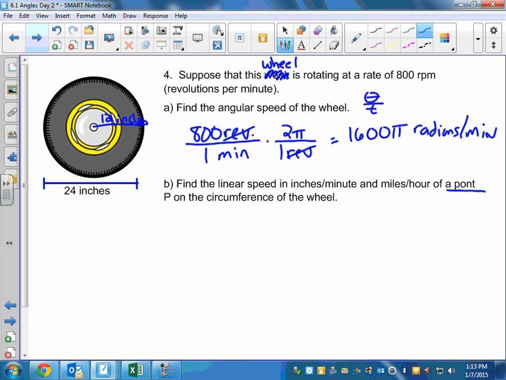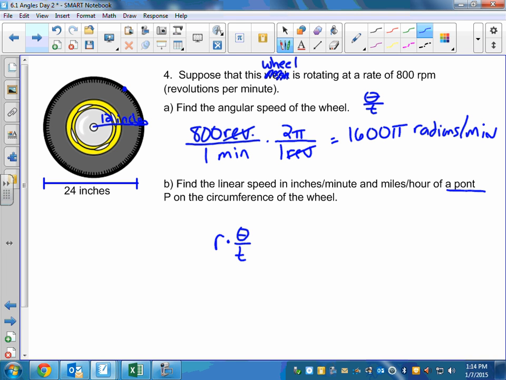Find the linear speed in inches per minute and miles per hour, which is just going to be some converting, of a point P on the circumference of the wheel. So the linear speed means it's going to give us the speed if we were out here on the edge of this wheel. That's what it means by point P on the circumference of the wheel. But the formula is the same. To find linear speed, we're going to just take the radius times what we just did, theta over time, the angular speed.